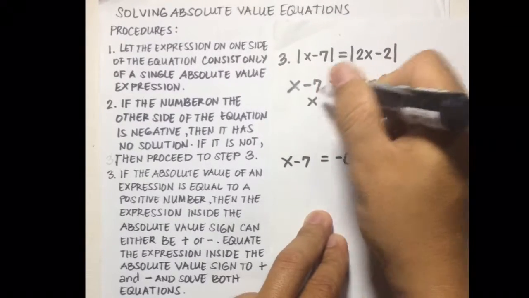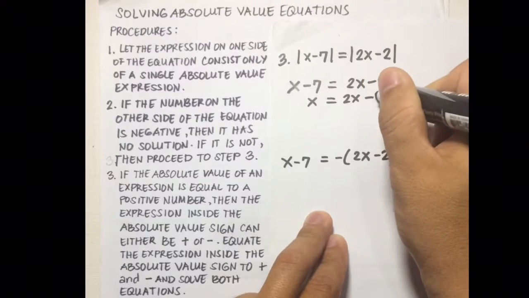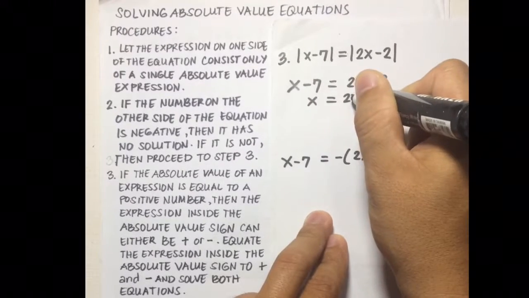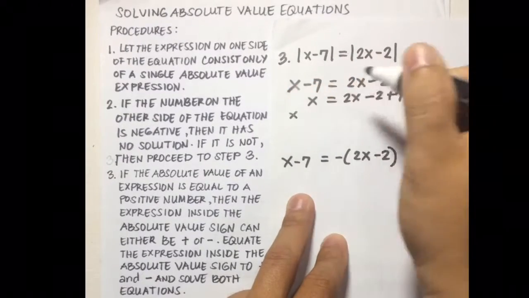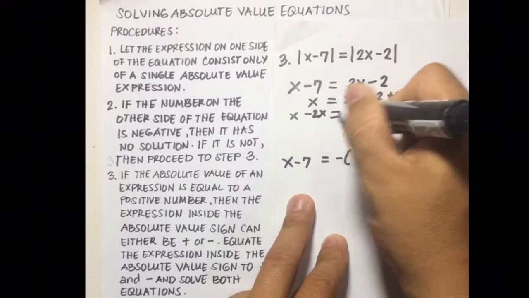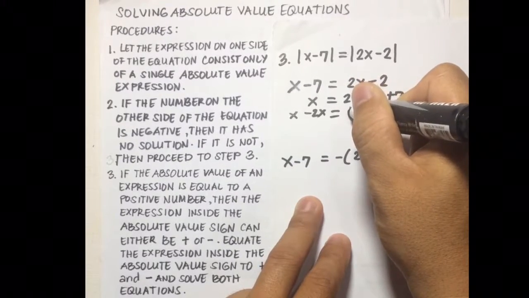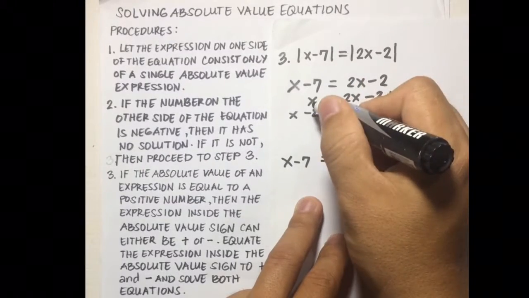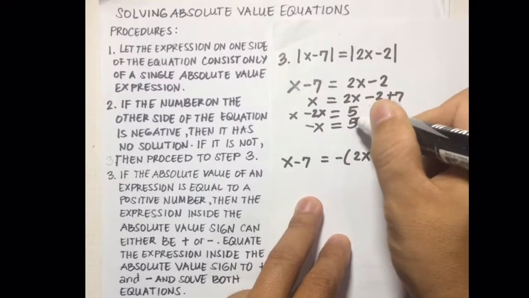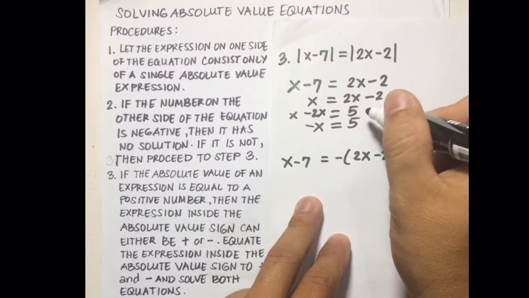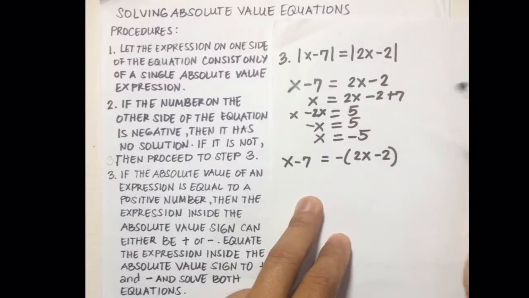Answering the first one, we're going to have 2x minus 2 plus 7, then transposing 2x to the left side, we have x minus 2x equals negative 2 plus 7, which is 5. Then x minus 2x is negative x equals 5. Then multiplying the equation by negative 1, x is equal to negative 5.